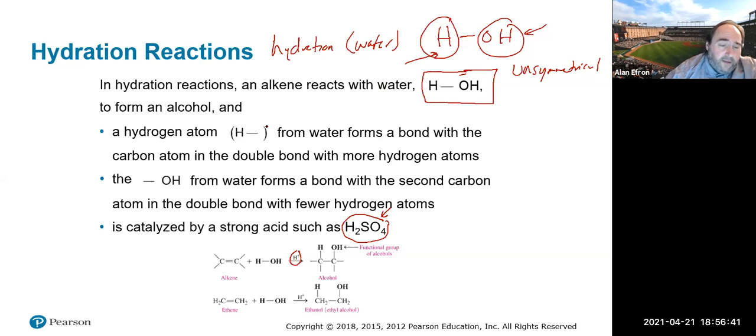This works for water. This also works for adding hydrogen halides like HBr, HCl. It works the same way. Hydrogen goes to one, halogen goes to the other. These are also unsymmetrical additions.